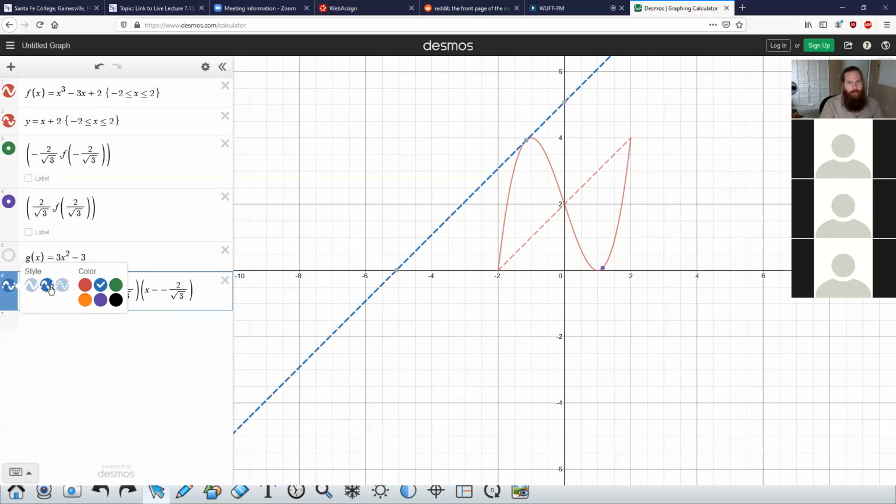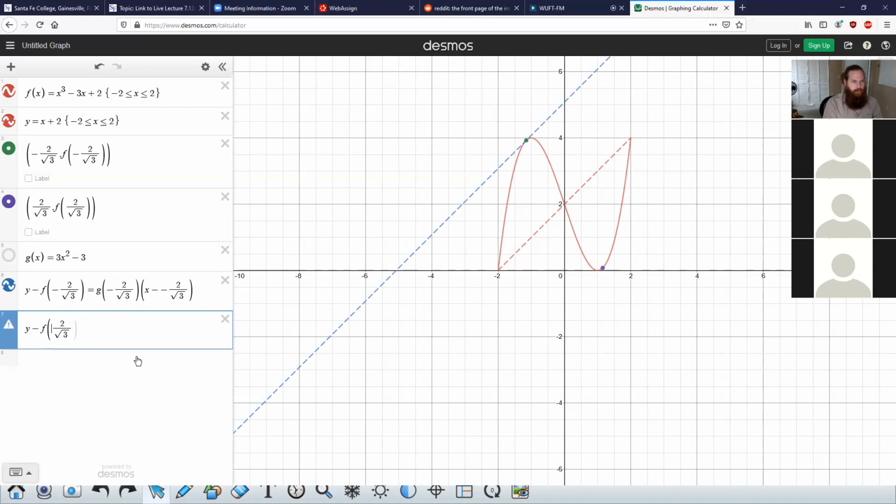So I'll do these in blue. See how the blue line is parallel to the red dotted line? Because at this point, the derivative has the same value as this secant line. And I can do the same thing at the other guy, y minus this guy equals f prime of this guy times x minus this guy.